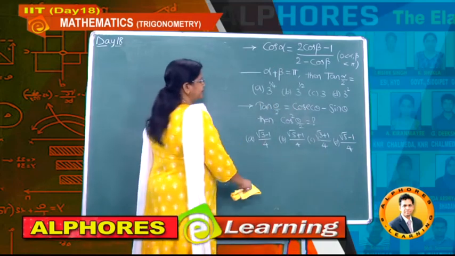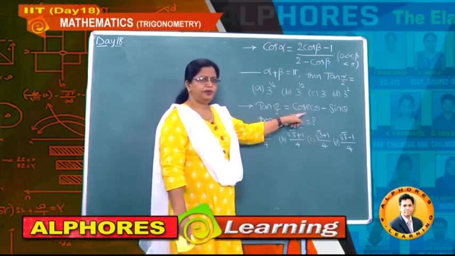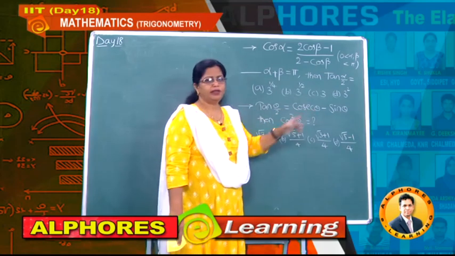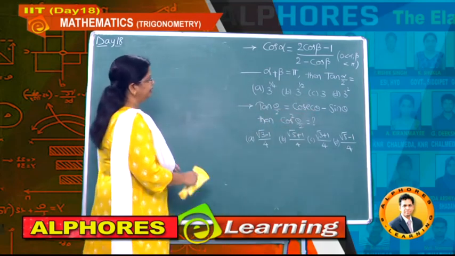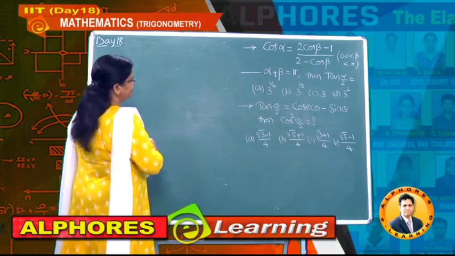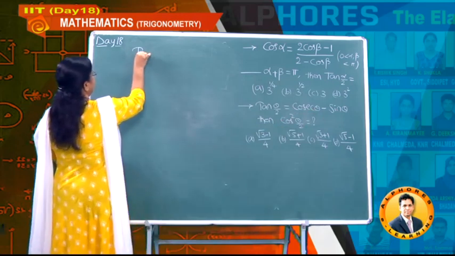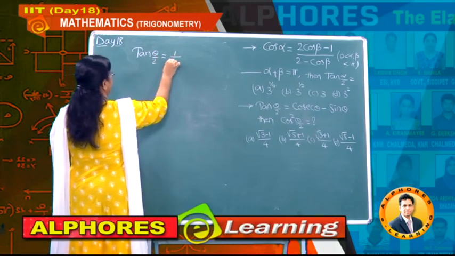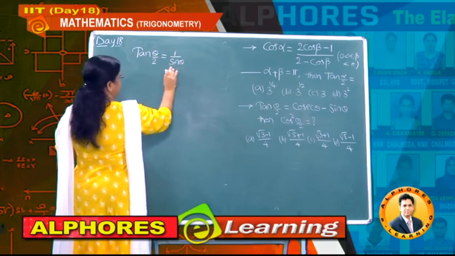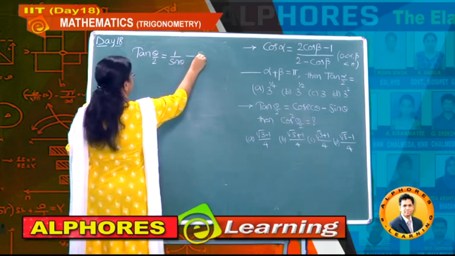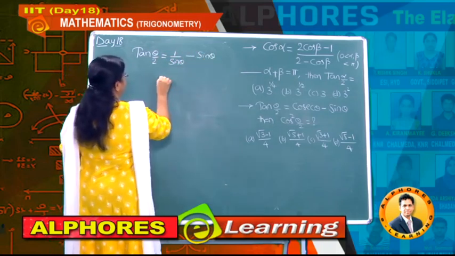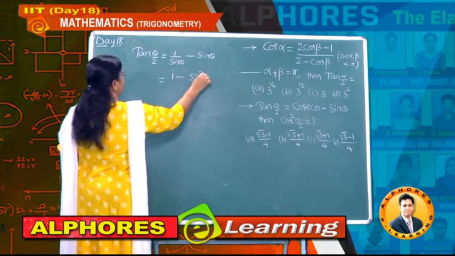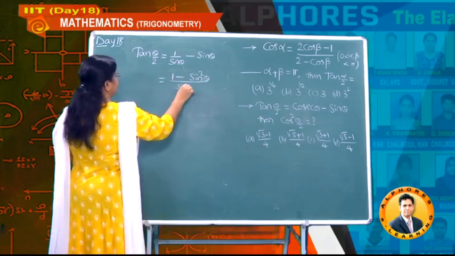Tan theta by 2 is given with half angle, and cosec if you write it, it is 1 by sin minus sin. Then how can we complete this problem? Students, observe the data given. Suppose I write 1 by sin theta minus sin theta, and if I take LCM, 1 minus sin square theta divided by sin theta.